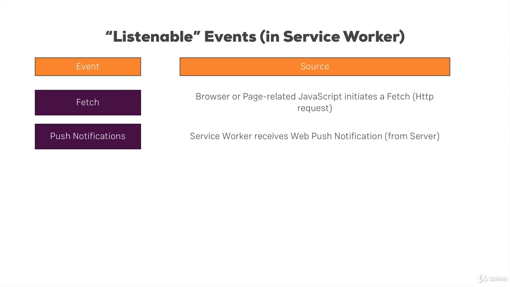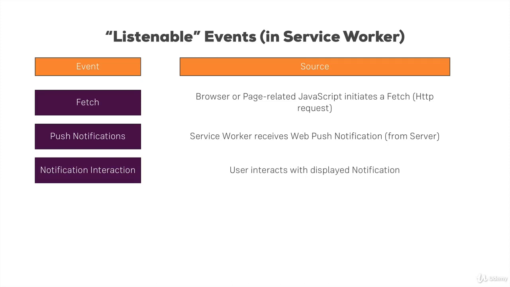Now, once you got the push notification, you often want to show an alert, a notification to the user in your application or on the phone. Now, if the user interacts with that, for example, taps on that notification, you can also listen to that interaction in the service worker to do something with it, show an example page, load something from the cache, whatever you want to do.